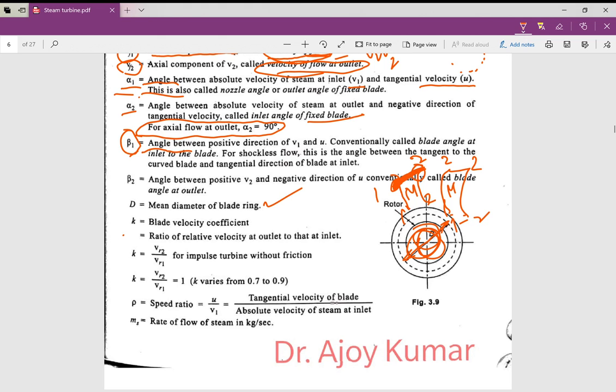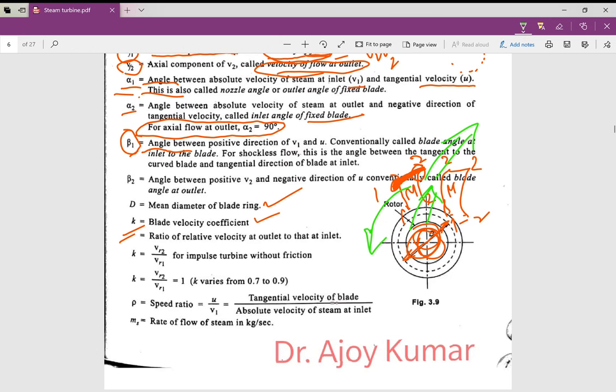Now K is again a very important parameter, the blade velocity coefficient. There is always friction when steam glides between two consecutive blades. Steam from the nozzle comes out like this, enters between two moving blades, and then goes out, and hence it rotates like this.